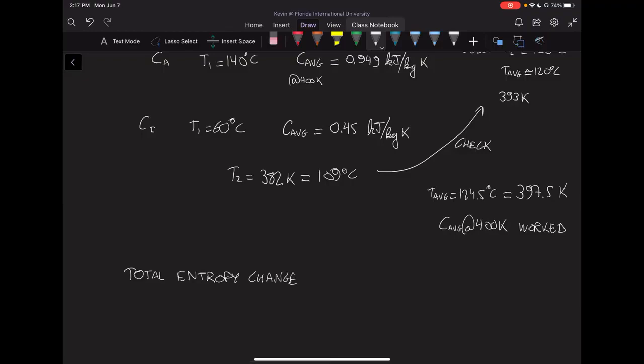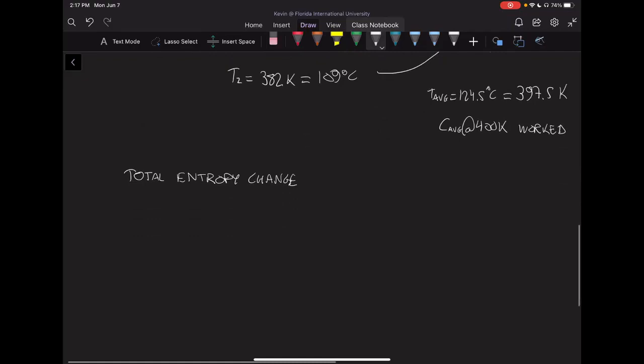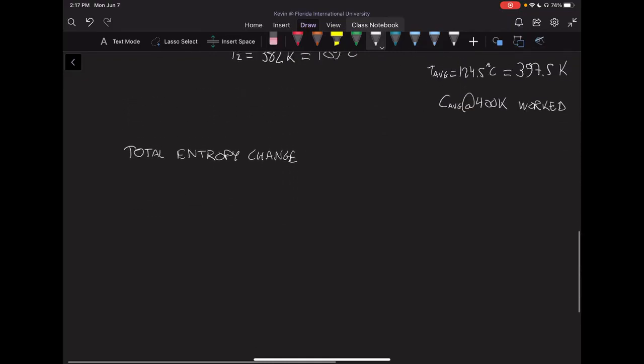And in order to find the entropy change, we're going to be using our equation for solids and liquids, which we derived in part 2, which says that S2 minus S1, and these are capital S, is equal to MC times ln of T2 over T1. And we're trying to find the total entropy change for the whole system.